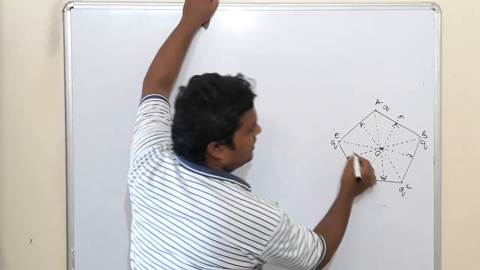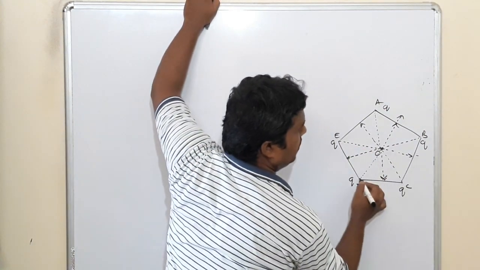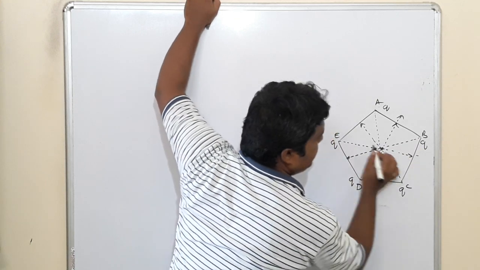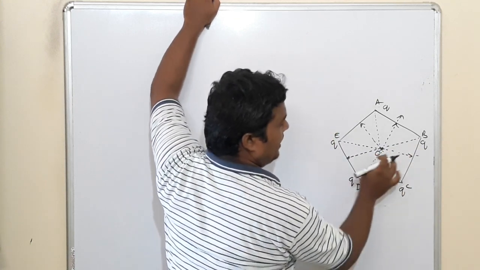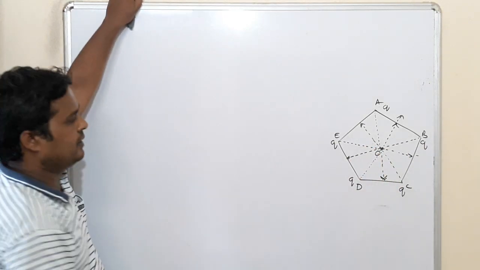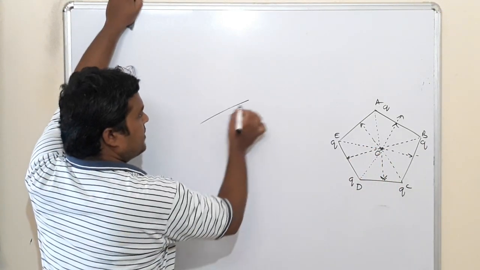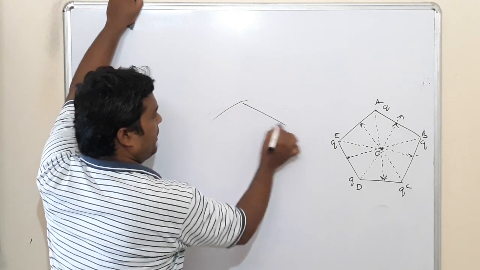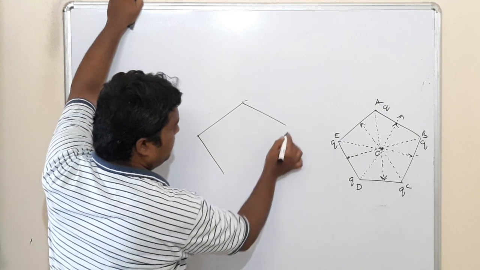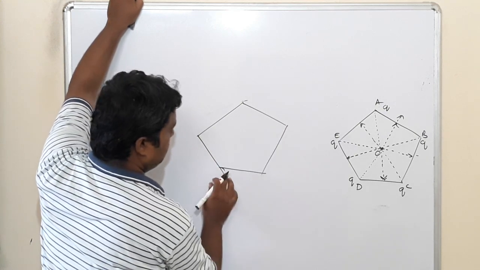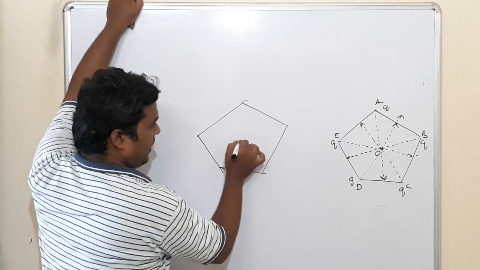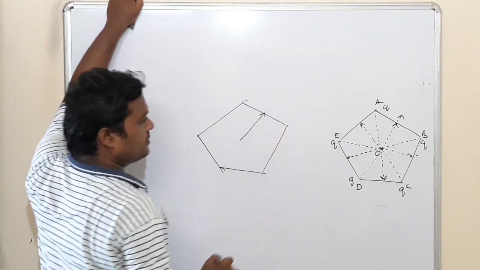See, this is the electric field of one charge, and this is the electric field of this charge. What will be the angle between the electric fields of all the charges? See, this is the regular pentagon. This charge will exert the electric field like this.